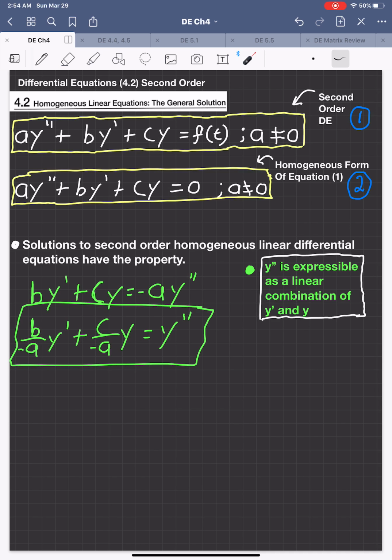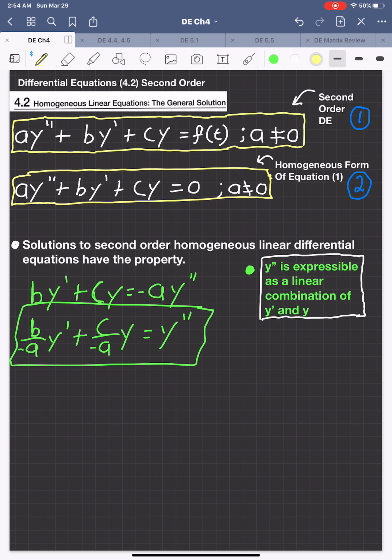All right, now the first thing that we should start to consider, right, is, wait a minute, what type of functions out there would have a property where I can take the first derivative, take the second derivative, but then be able to reach the second derivative through a linear combination of the original function and its first derivative?